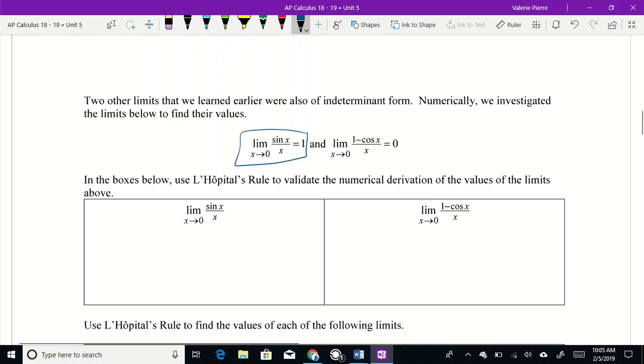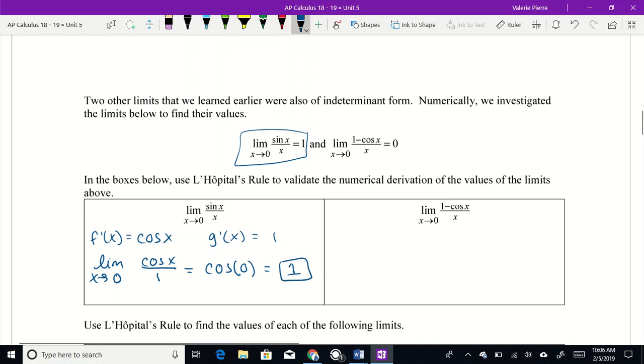Now we're going to validate that using L'Hopital's rule. f prime of x, my numerator, is cosine of x, and g prime of x, my denominator, is equal to 1. So we'll have the limit as x approaches 0 of cosine of x over 1, which is just cosine of 0, which is equal to 1.